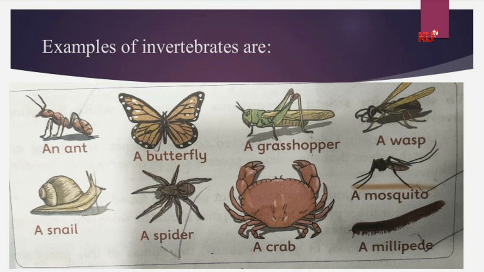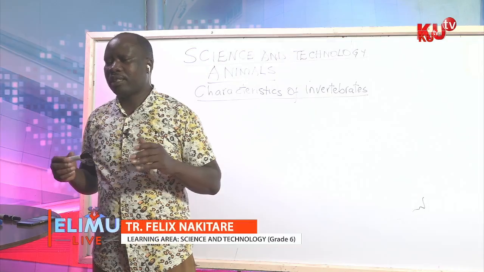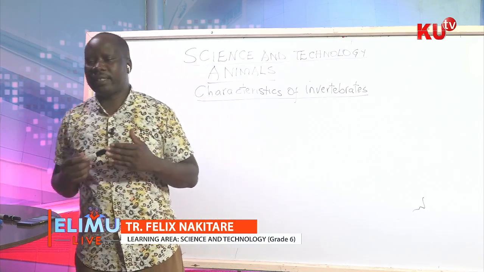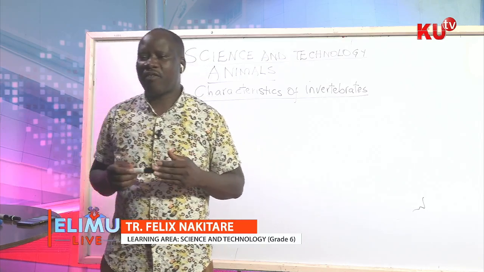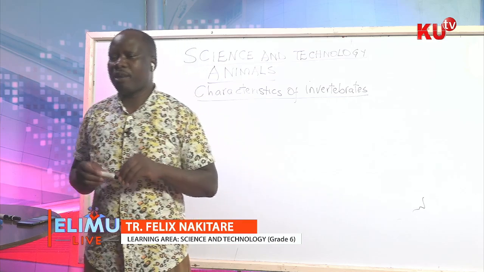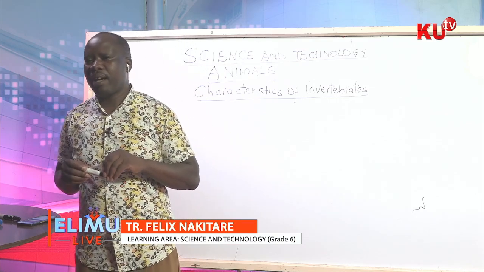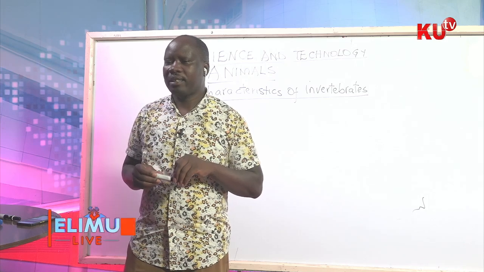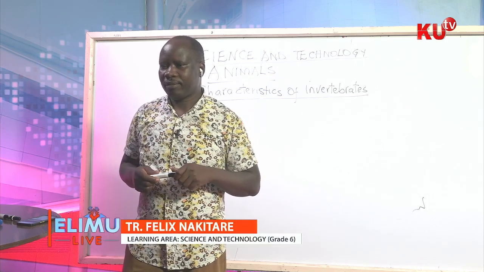I've not given photos or diagrams of all of them, but I've given some of them. And we can take our time and find out, and whichever animal you get that does not have a bone or a backbone, remember that such an animal is called an invertebrate.